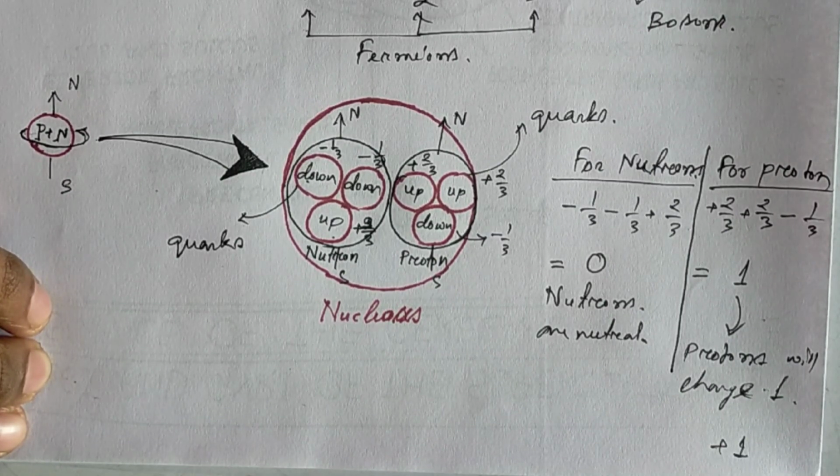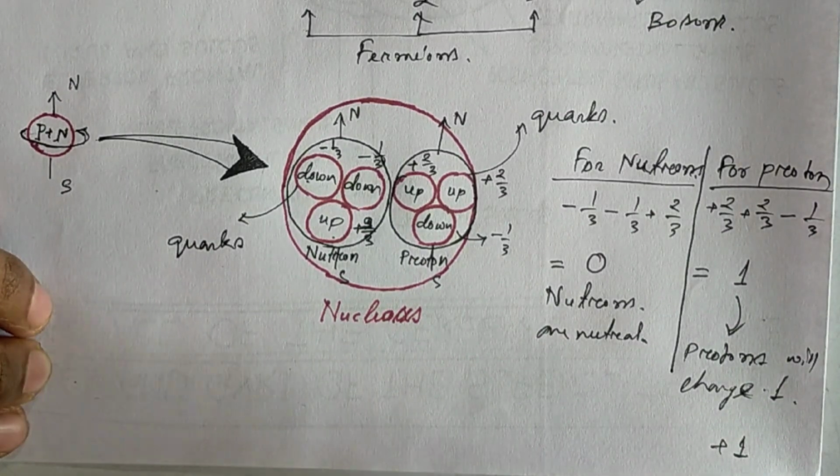In an atom there are the same number of electrons and protons inside the atom. That's why the positive charge of the protons and the negative charge of the electrons cancel out each other. That's why an atom acts as a neutral particle, but you cannot say that there is no charge in an atom.